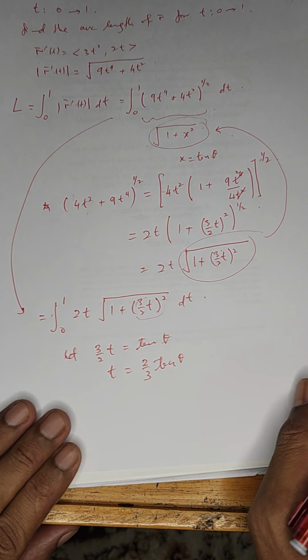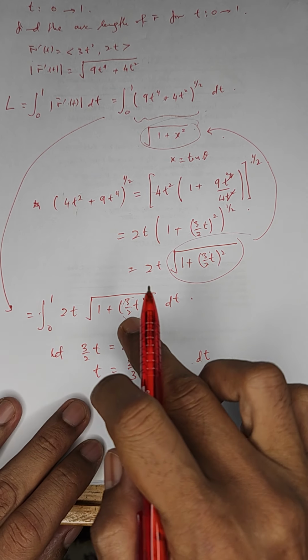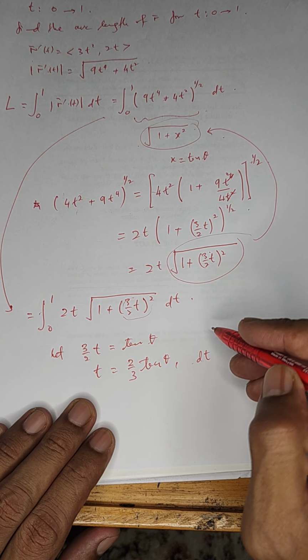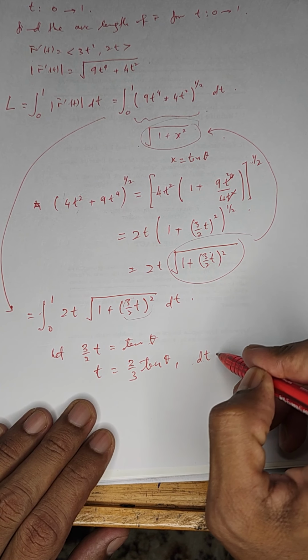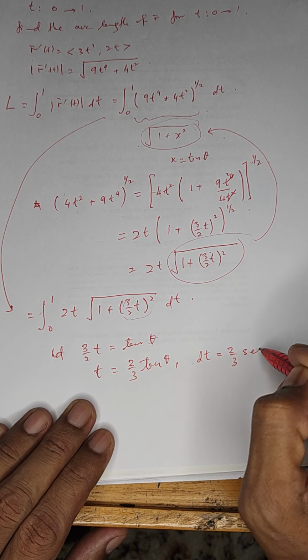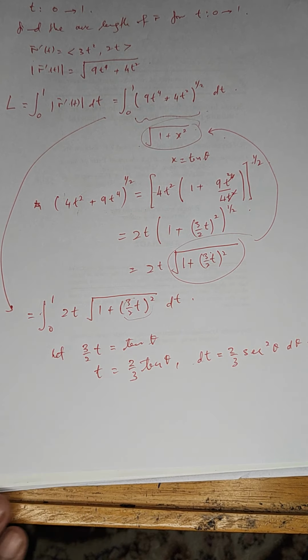And dt: because when you substitute t, you also need to substitute dt. So we differentiate, and dt is equal to 2 over 3 secant squared theta d theta.